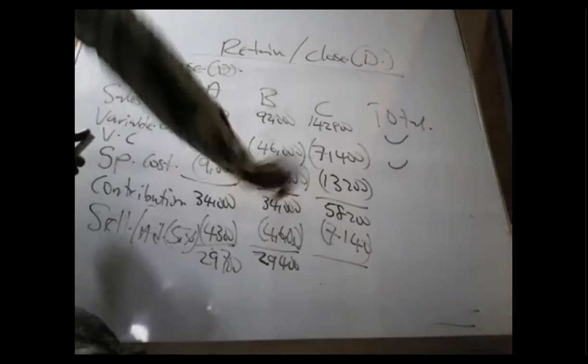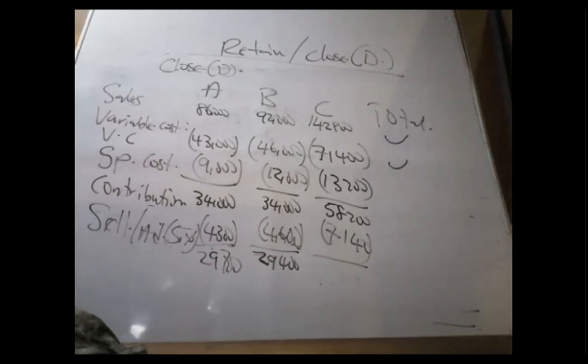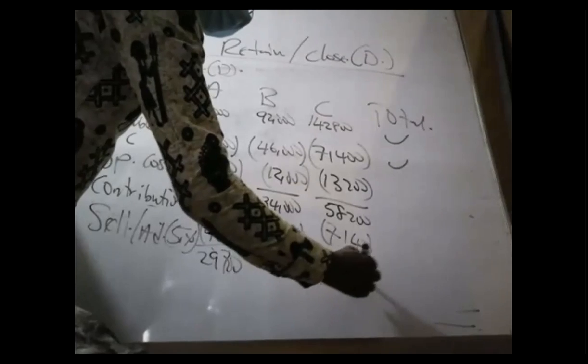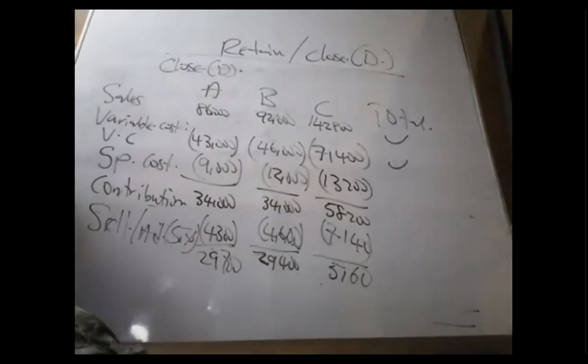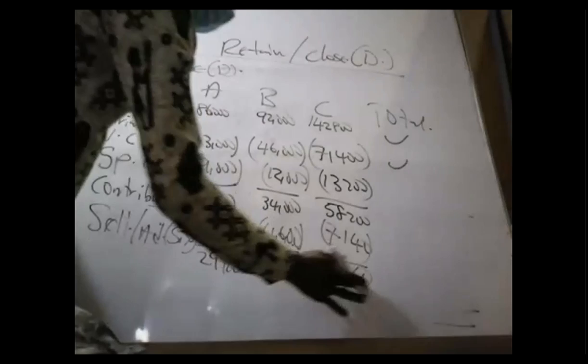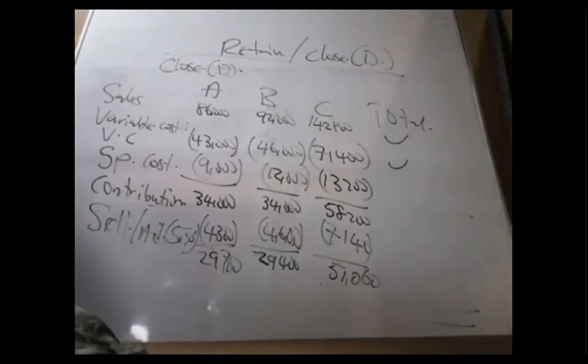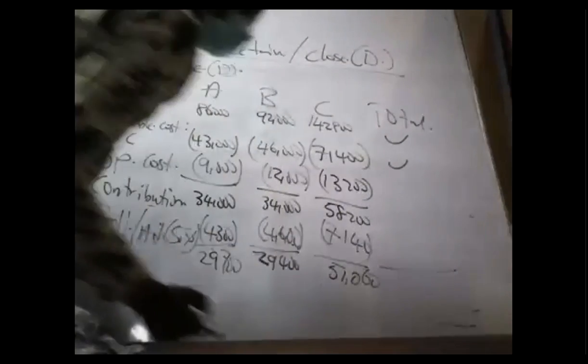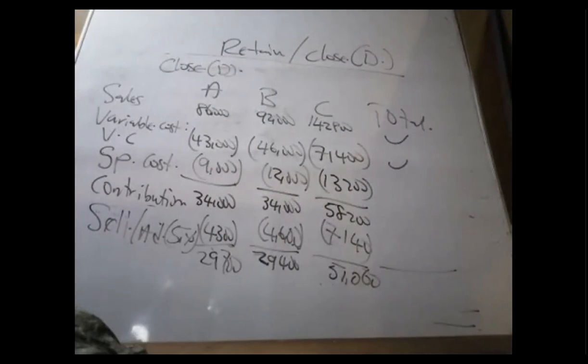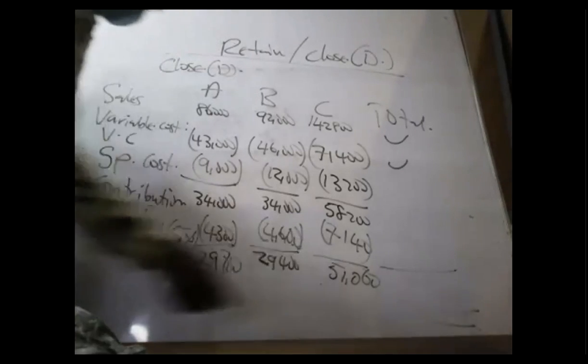Okay, then 58 minus 51. 5,160. I don't agree. 51 and 60, right? And you put a total. Let's find a total. So the total for the trade will be this figure, this figure, this figure.